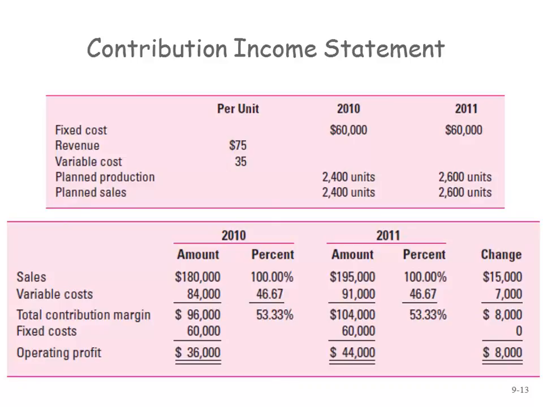That's your contribution income statement. Some facts. See, the fixed cost stayed the same. Revenue is $75 per unit. Variable costs are $35 per unit. And to keep this simple, we produce the number that we sell in each year.